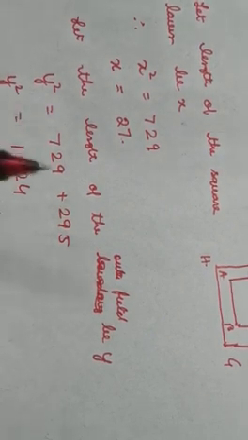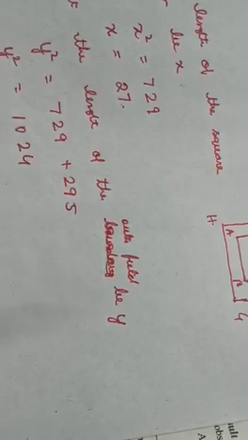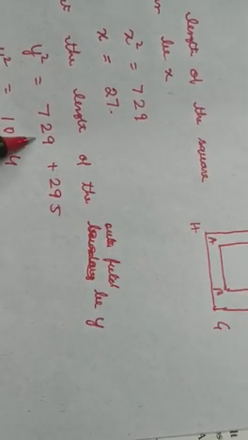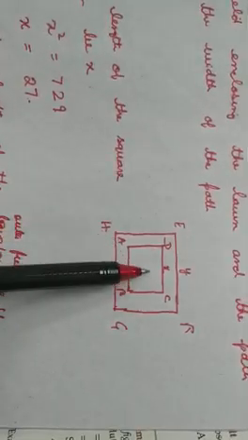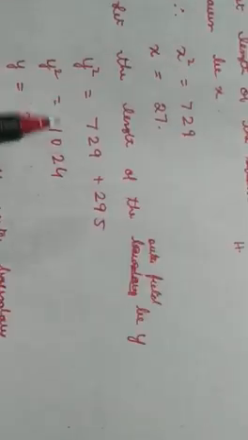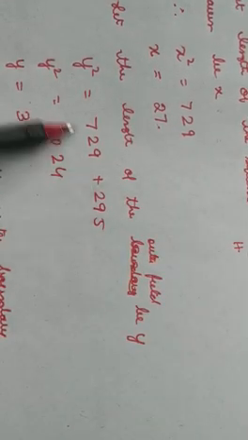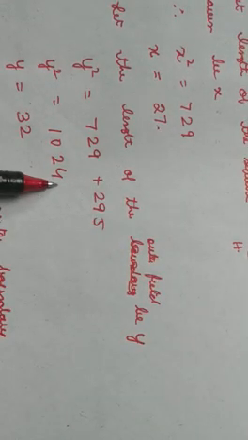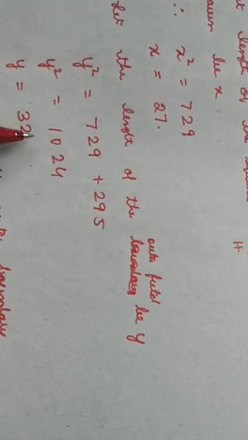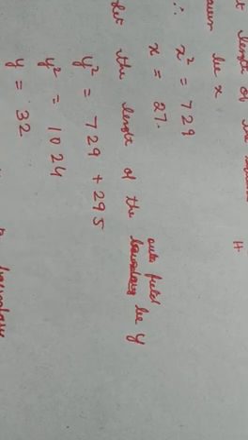So y square, the area of this outer field, is equal to y into y. And from here, the area should be equal to 729 of the lawn plus the path area of 295. You add them, you'll get 1024. And 1024 is the square of 32. So y is equal to 32.